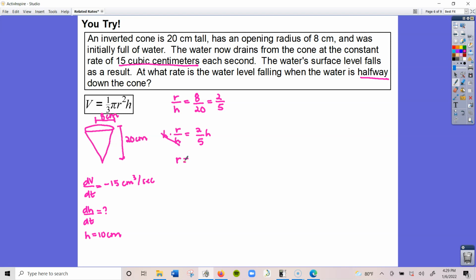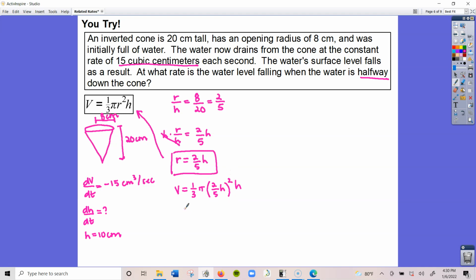So my radius is 2/5 of the height. Now I'm going to take this ratio and plug it into my volume equation. So volume is going to equal 1/3 pi, my radius, which is 2 over 5h, squared, times h.